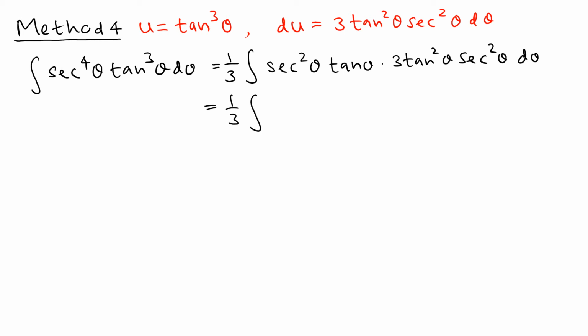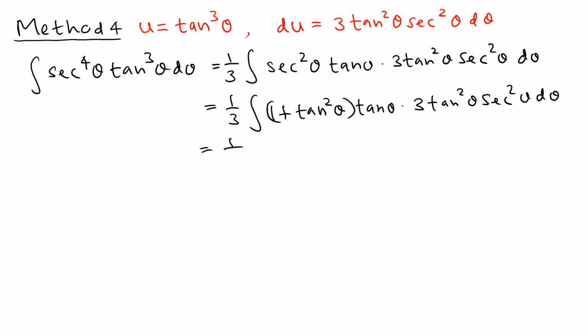So 1/3. What we're going to do now is replace secant squared by tan. So when you do that, you know the secant squared is 1 plus tan squared theta, and then we have tan theta. Here we have 3 tan squared theta secant squared theta d theta. And then you can see that we can still substitute here.